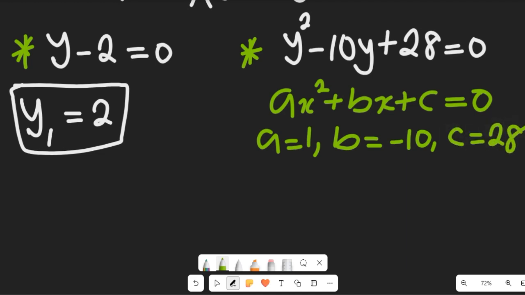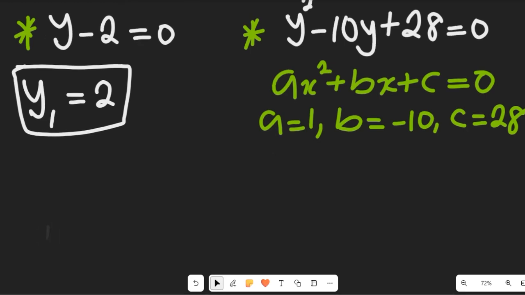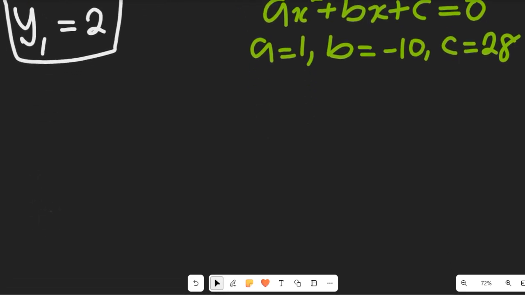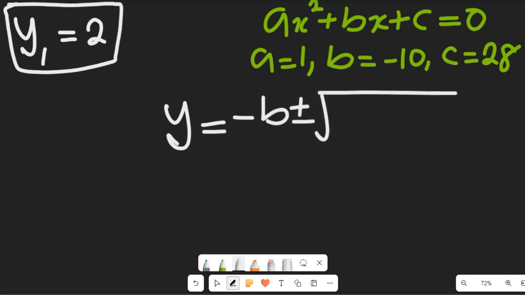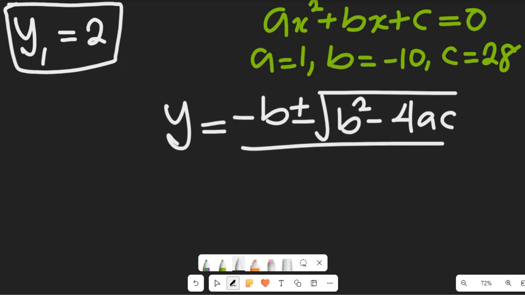So all we are going to do is use the quadratic formula in solving that expression. If we use the quadratic formula, then the value of y will be equal to negative b plus or minus the square root of b^2 - 4ac, divided by 2a.